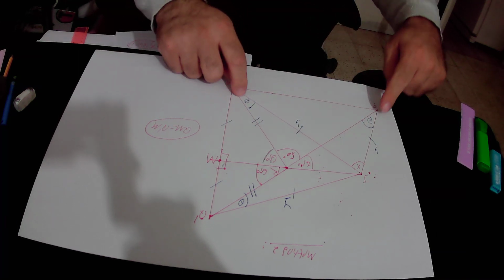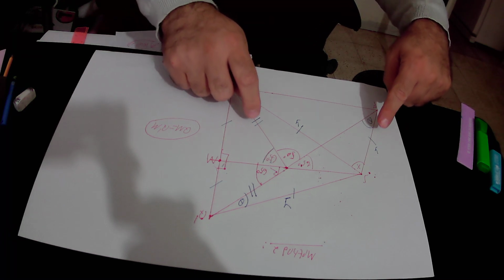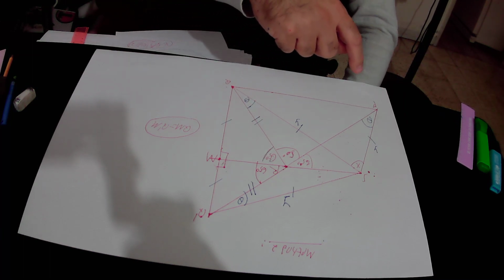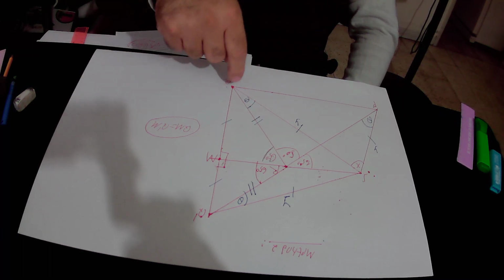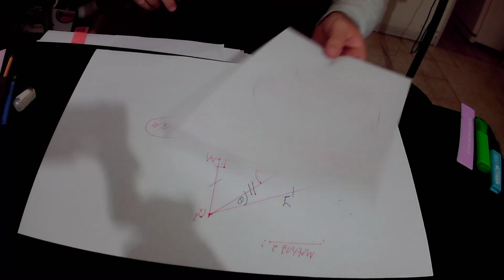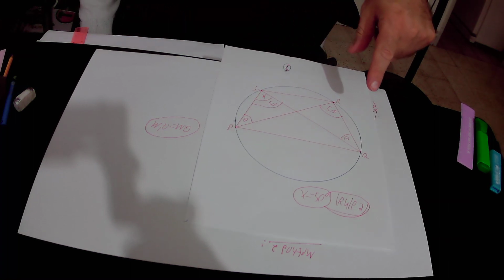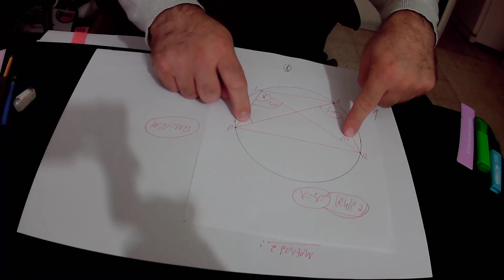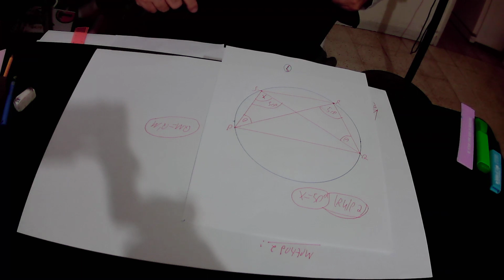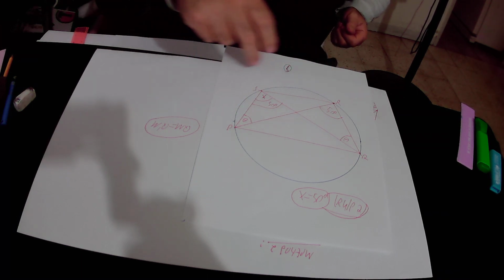We have two angles that are equal to each other, they are both equal to theta, and they lie on the same segment line SR, therefore we can put points P, Q, R and S on a circle. So here we put points S, R, P, Q on a circle because those two equal angles lie on the same segment line SR. Therefore, we can put points P, S, R and Q on a circle.